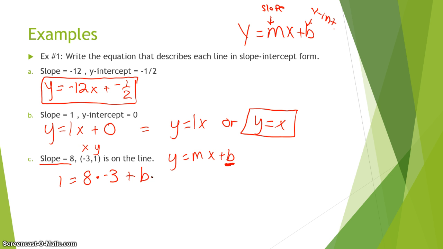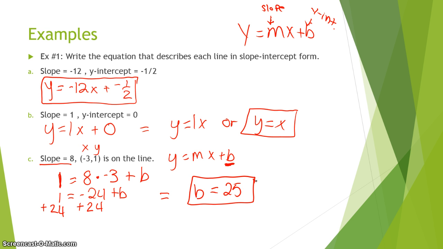Now let's solve using order of operations and solving equations to find b. 8 times negative 3 is going to give me negative 24, so I have 1 equals negative 24 plus b. I will add 24 to the left and to the right side. So what I'm left with is b equals 1 plus 24, which is 25. I'm not done with this answer yet though, because now we can write this in the slope-intercept form.